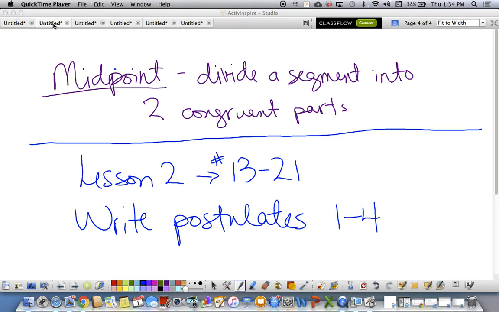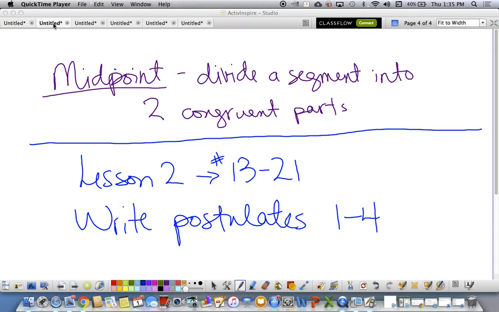Okay, I need to talk to you about some homework. There's only like 6 or 7 more problems from lesson 2, with lesson 1 homework on the same page. You can draw a line, you can skip down, you can turn it over to the back. Lesson 2 homework is going to be numbers 13 through 21.